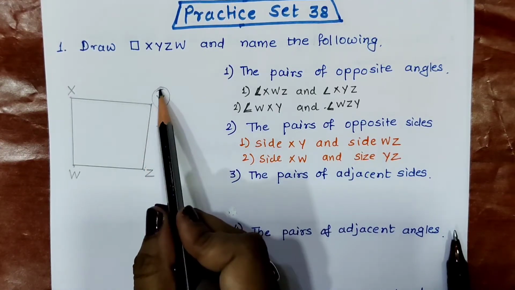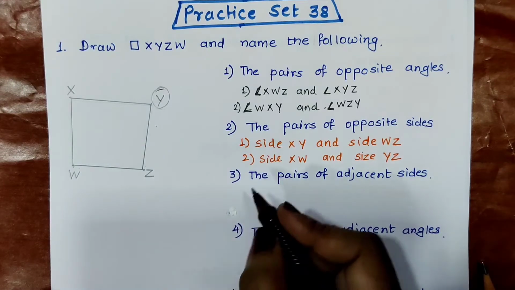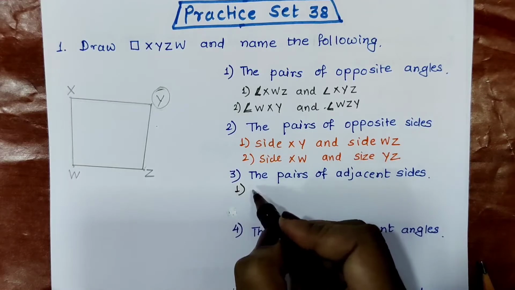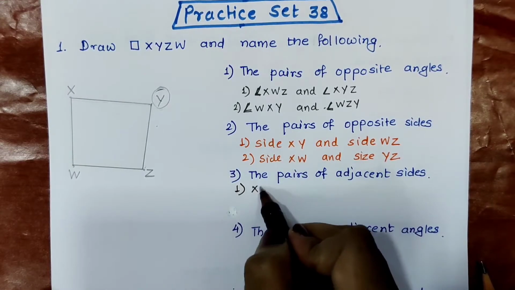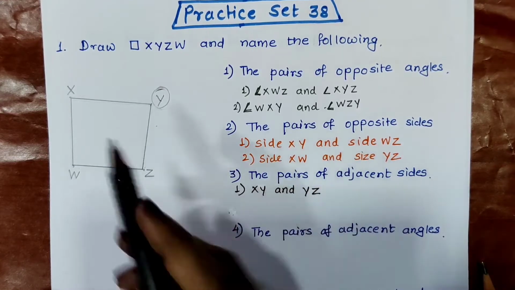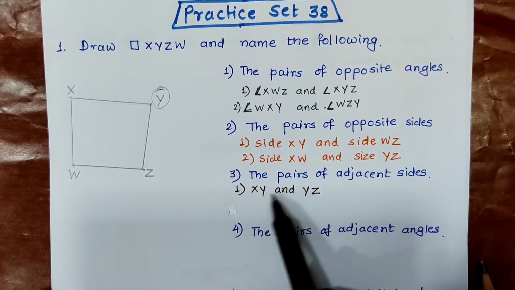They both have Y as their end point. So the first pair of adjacent sides is XY and YZ. We can see that Y is the common vertex.